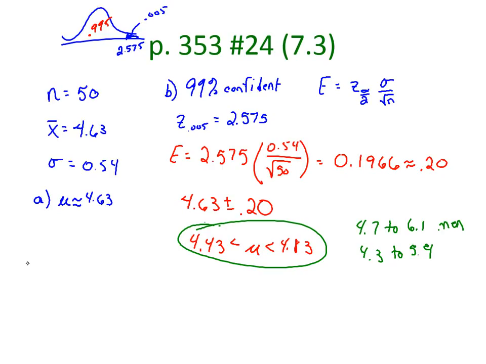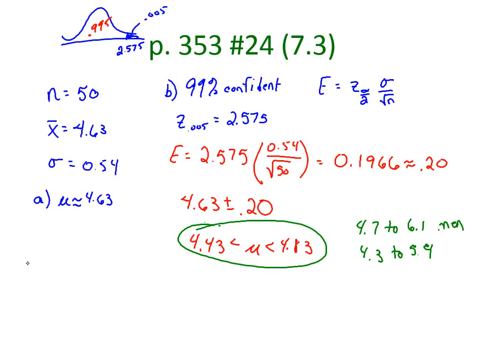We're missing a little bit, the 4.43 to 4.7, which is really saying there are some females in there to bring that down. I'm pretty confident we're probably okay. Our numbers fit well with what we had.